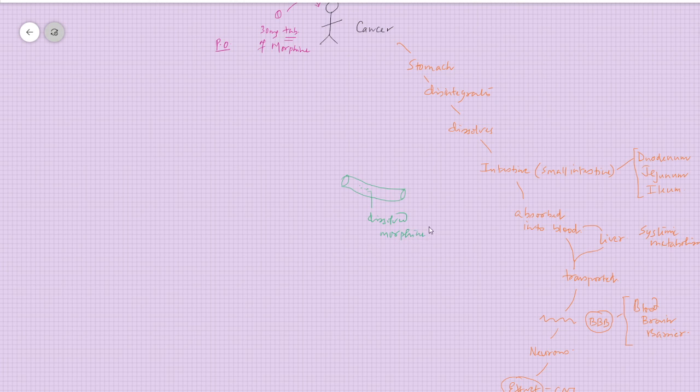So this dissolved morphine is absorbed, and then somewhere here, let's imagine there are blood vessels. So this is a blood vessel, and this is a part of the small intestine.